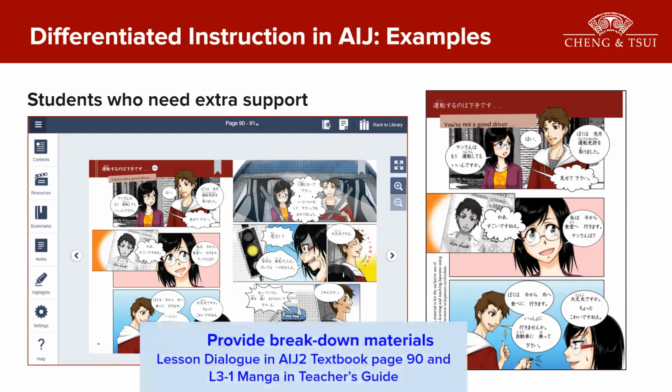This is a good example for providing breakdown materials. The lesson dialogues are taken from AIJ Level 2, textbook page 90, and the manga files are in the teacher's resources in AIJ Level 2, Lesson 3.